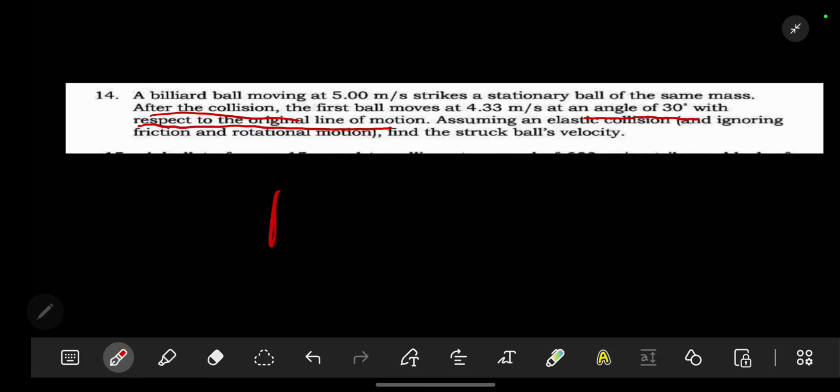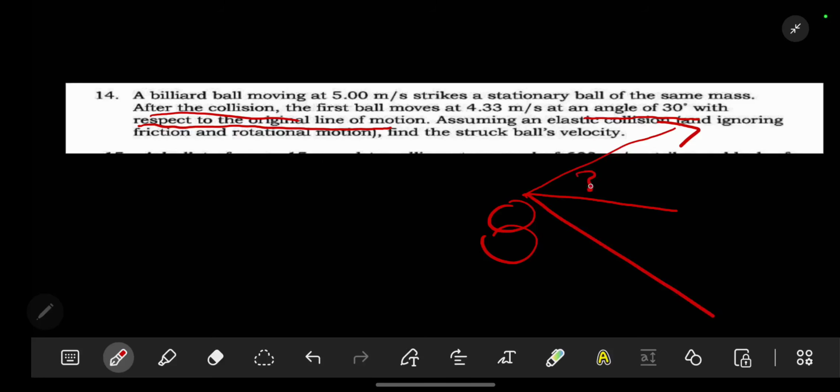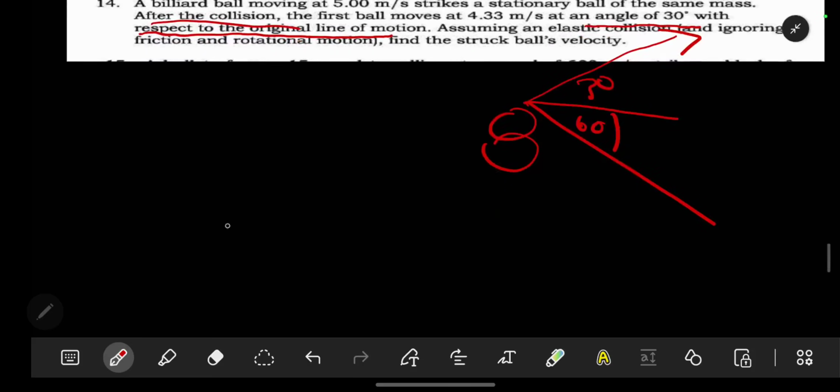So we are going to do the same. We have two balls that have struck each other like that. It's elastic, meaning if this is 30, this will be negative 60, like that. So we are going to just say momentum in the x.